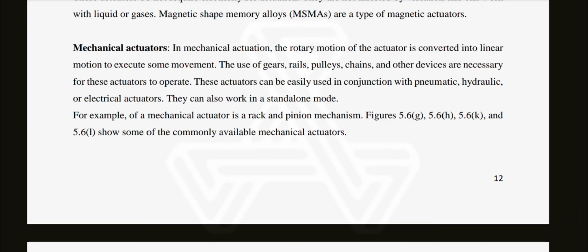These actuators can be easily used in conjunction with pneumatic, hydraulic, and electric actuators. They can also work in a standalone mode. An example of a mechanical actuator is a rack and pinion mechanism. G, H, K, and L show some of the commonly available mechanical actuators.